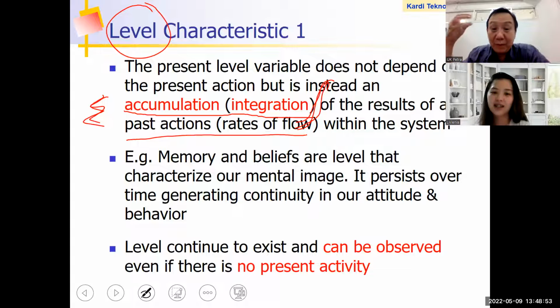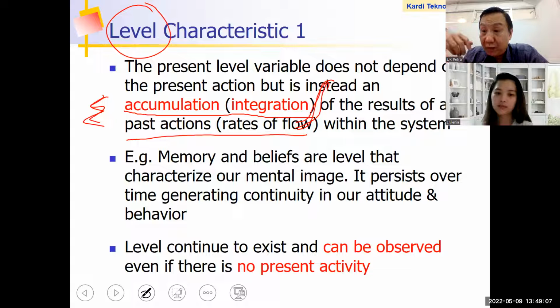So the same thing, memory and belief are levels. Level will persist over time. It generates continuity of our attitude and behavior because we have memory and we have belief. So our memory is actually a level, not a rate.